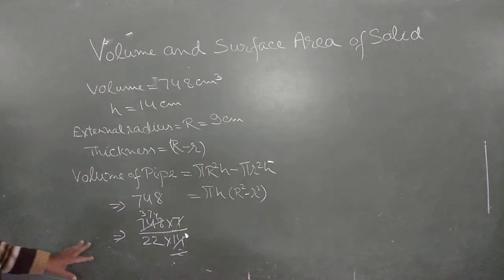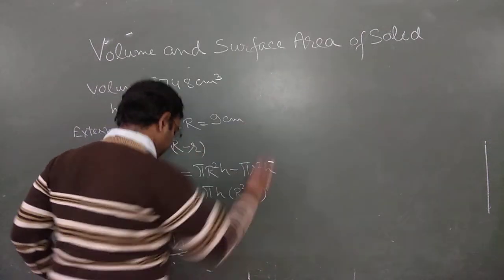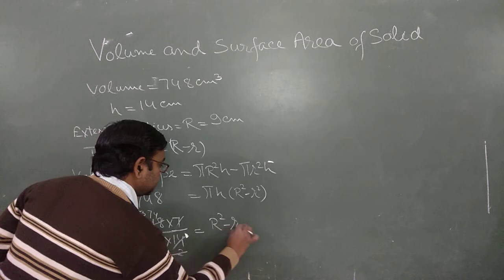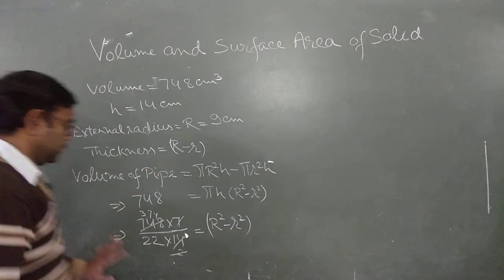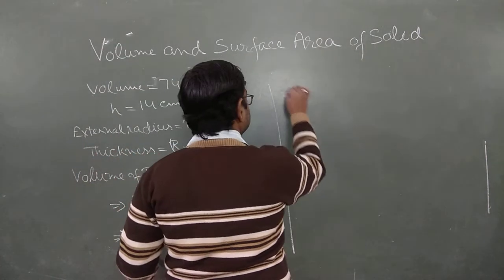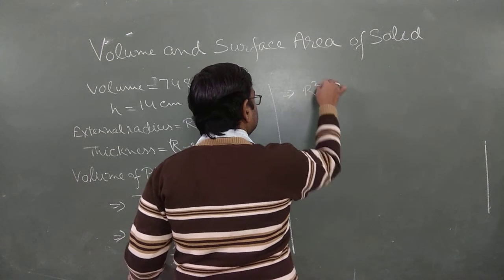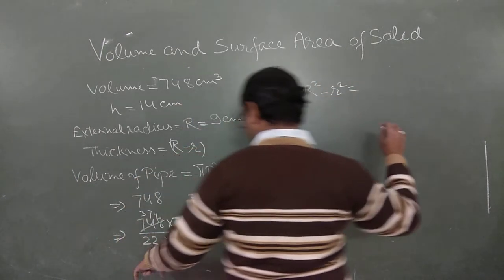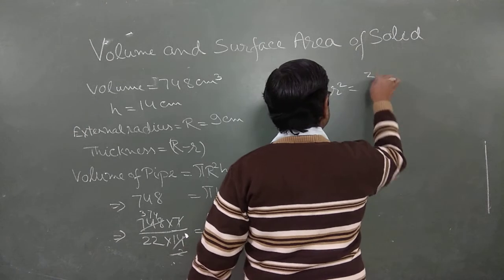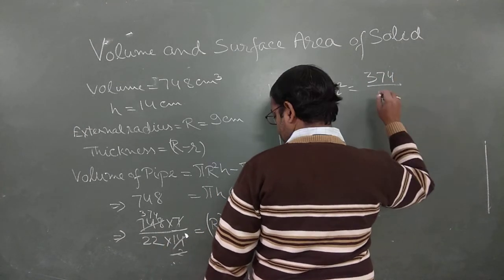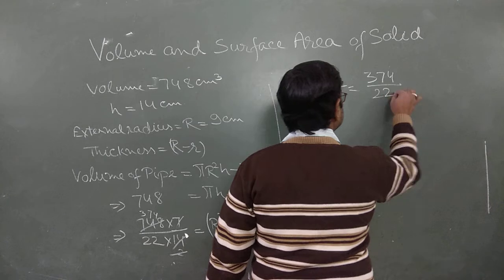Wait for some time. Solve, come to this side, and this side is equal to R square minus r square. R square minus r square equals, we can write down 374 upon 22.